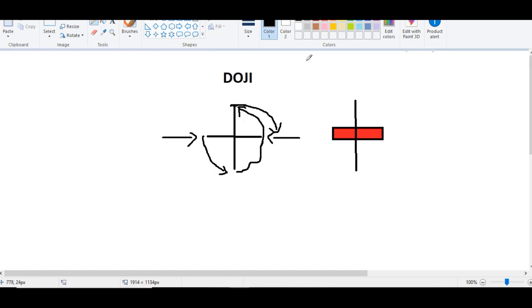When you see this in an uptrend, you see price going higher and higher and higher, and all of a sudden you see this doji at the top of the trend. What is that saying? At the top of the trend, there's a fight going on between the buyers and the sellers.